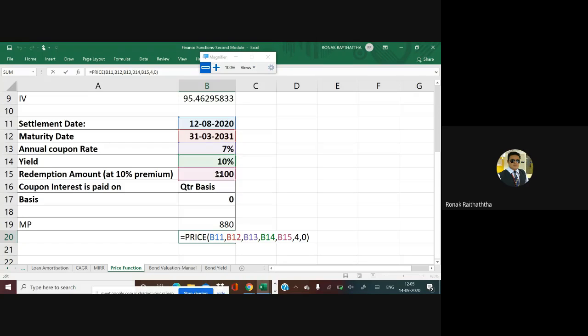I know it. Sometimes I make the intentional mistake, so that I can get whether students are getting it or not. There is one mistake. Please let me know where, if you can identify it. Try to understand what rate we have taken, what maturity date we have taken, what frequency we have taken.